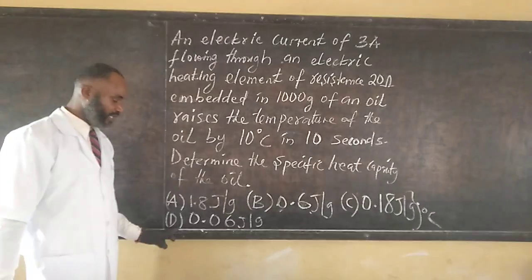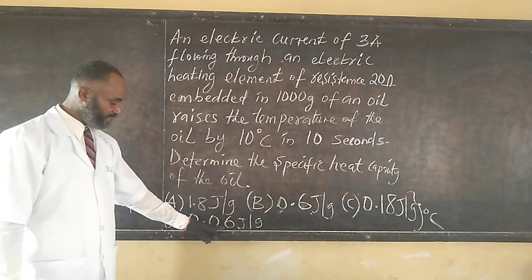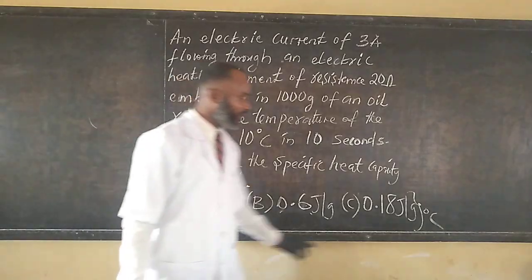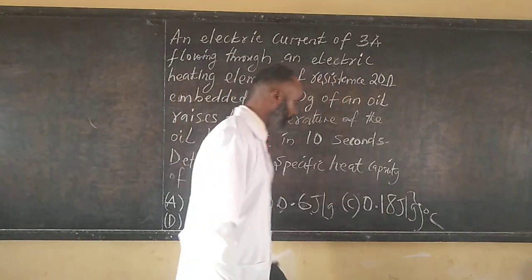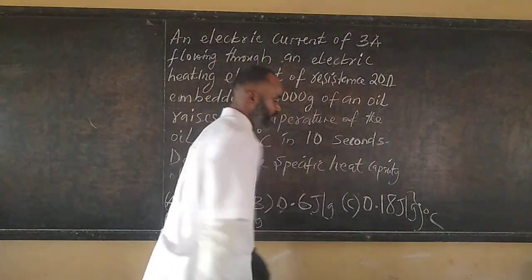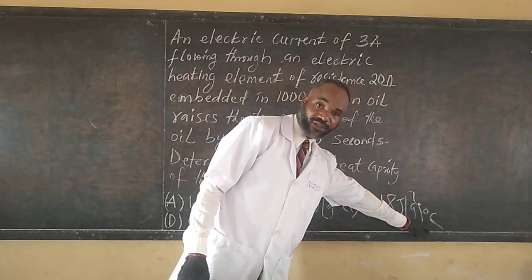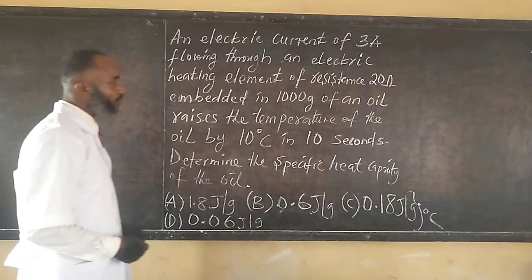And option D, 0.06 joule per gram per degree Celsius. All these options have "per degree Celsius". Alright, so what do we do?